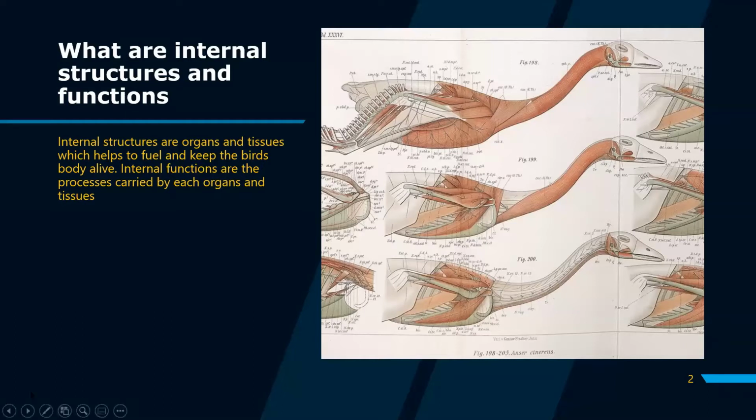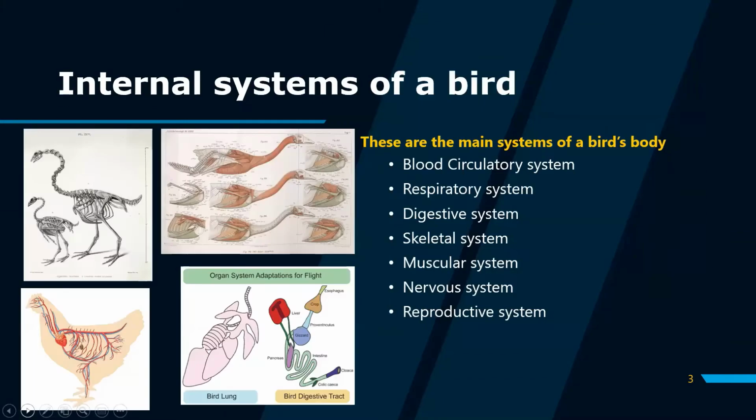So let's see what systems we can see in birds. These are the main systems of a bird: the blood circulatory system, the respiratory system, the digestive system, skeletal system, muscular system, nervous system, and reproductive system.